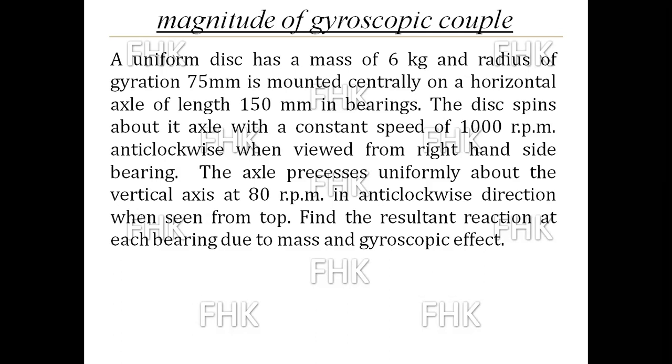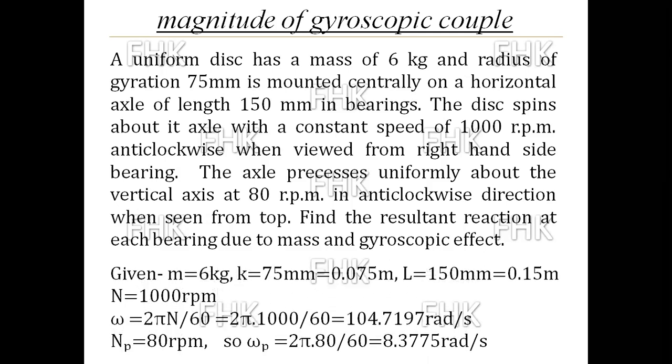So first of all, we have to find out the magnitude of gyroscopic couple, and second, we have to find out the direction of gyroscopic couple, because the gyroscopic couple is a vector quantity, so it has magnitude as well as direction. And after finding the direction, we have to find out the resultant reaction on each bearing. This is our third step.